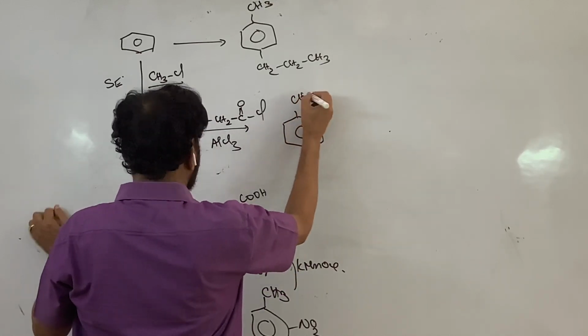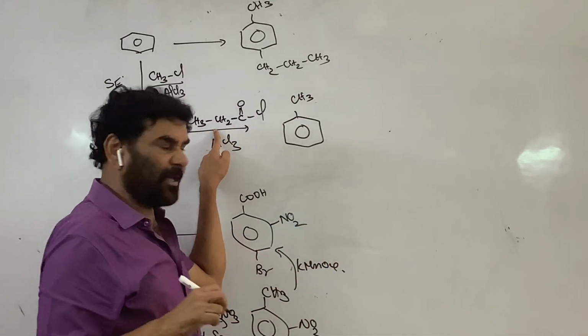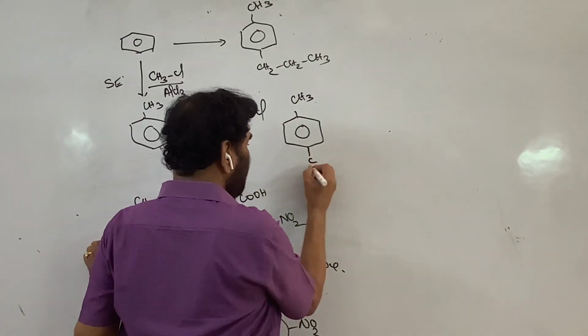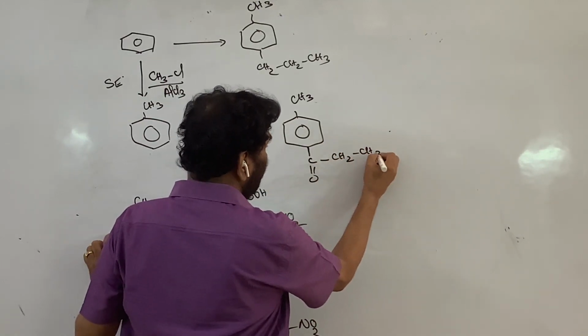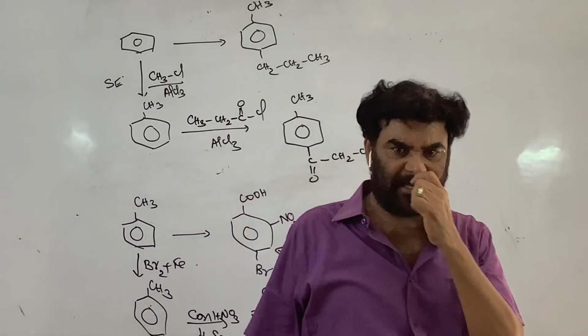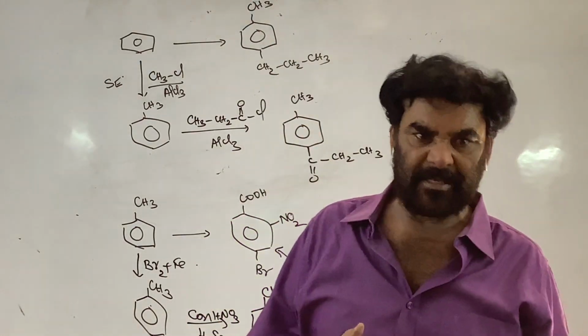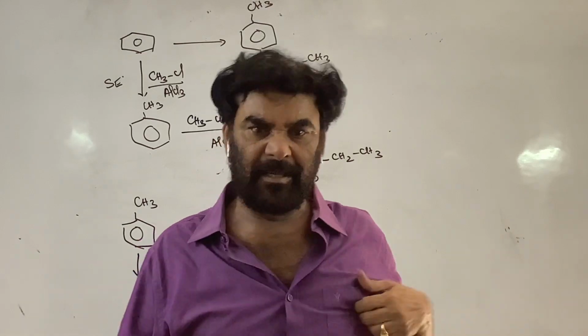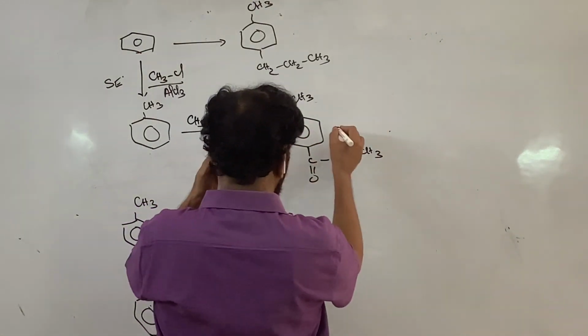The propanoyl group is introduced. This is the Friedel-Crafts alkylation, this is the Friedel-Crafts acylation. See, in the theory we discussed, Friedel-Crafts alkylation has many disadvantages. Poly substitution. Second one is rearranged products are formed, that is n-alkyl.